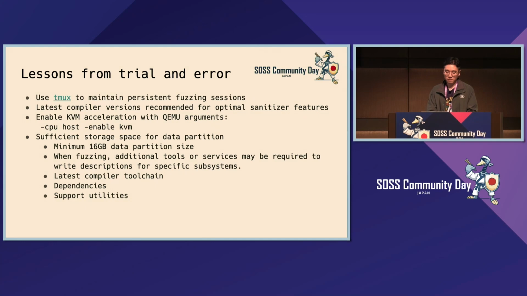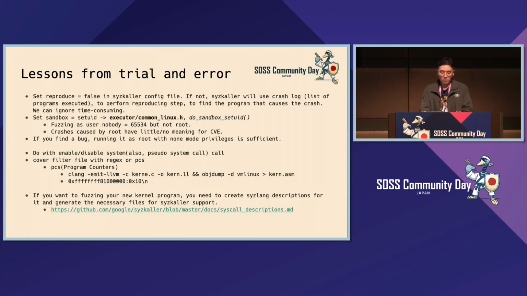These are some tips when we are learning syscalls. Use tmux for session liveness, and we prefer the fast options in QEMU, and this is a tip: sufficient disk size, etc. We can find information in the Syzkaller source code, with some filtering in the configuration file, to make fuzzing the Linux kernel effective.